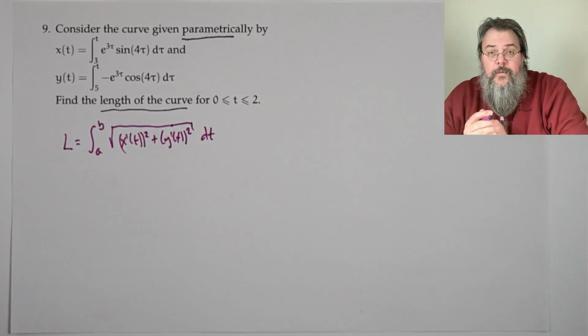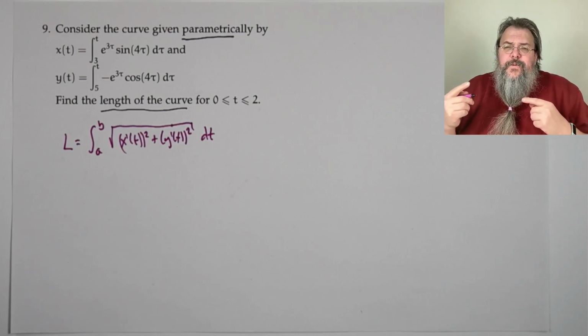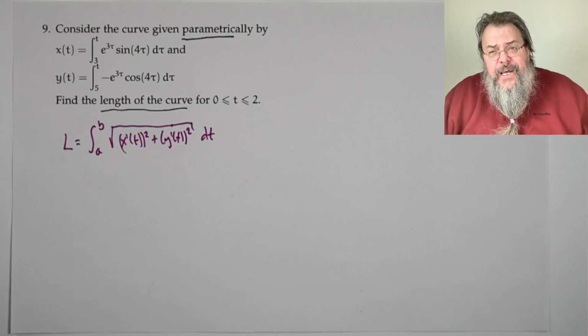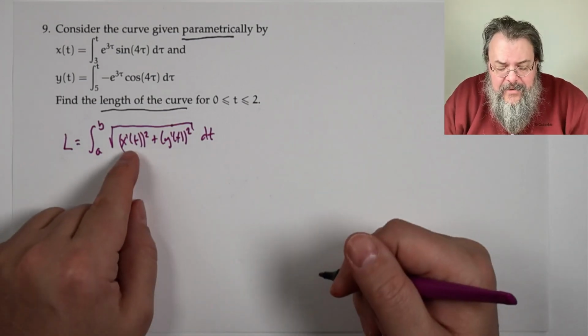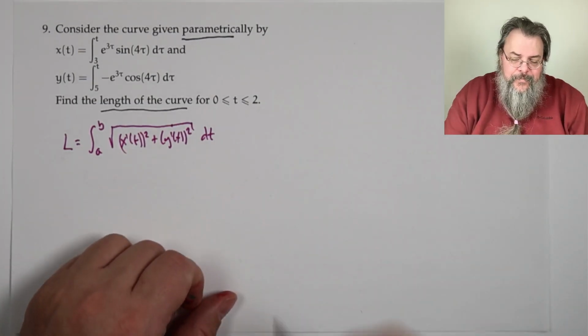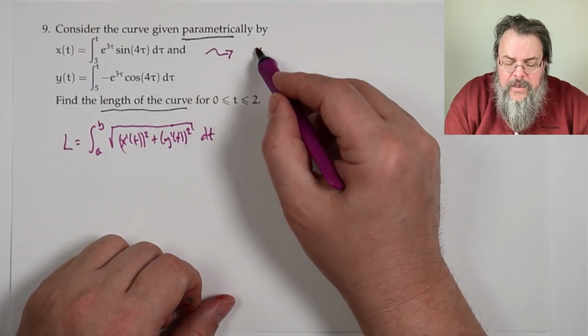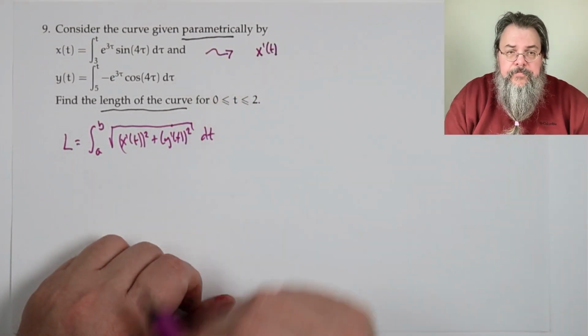So we had a question, do we actually have to integrate these? And the answer is, well, not necessarily, because we don't need x and y, we need x prime and y prime. So let's think about what happens here. What is x prime of t?